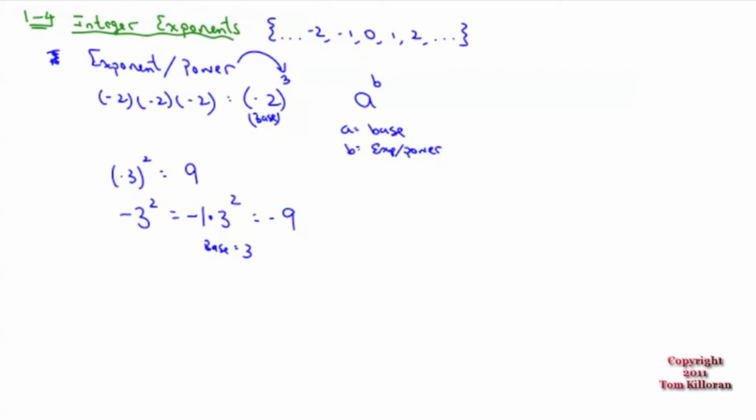To get the positive 9, you have to put the parentheses. There's a big difference between inside the parentheses and outside the parentheses. So be really, really careful with that little setup. That will cause you a headache sometime during the semester where you're off by a sign and you can't figure it out. It's more than likely something like this.